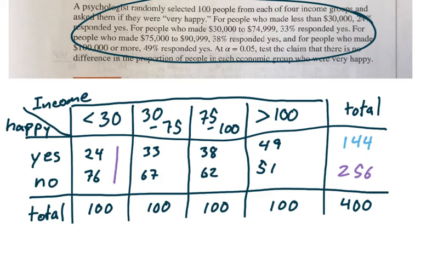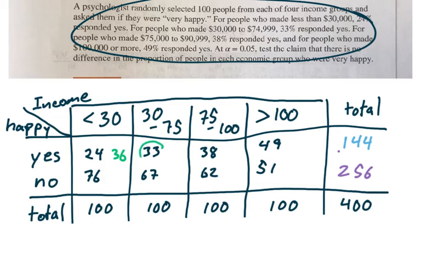And so basically we'll be multiplying by 100 in each one of these cases. For this first one right here, we're going to be multiplying its row total times its column total. I'll just cross that out for the moment. Multiplying 144 times 100, and then dividing by the grand total, of course, 400. And so that gives us 36.